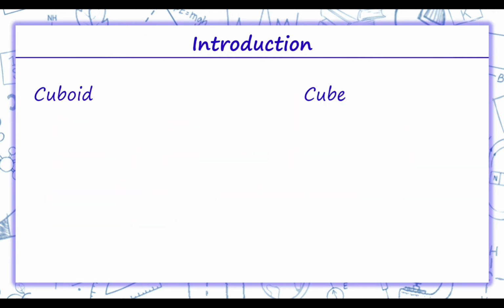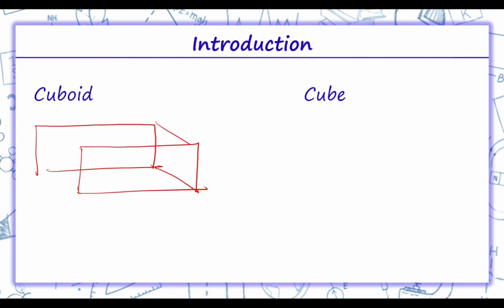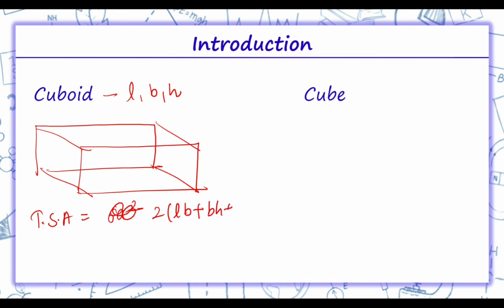So coming on to the introduction part, cuboid is basically a solid figure whose all three sides are of different dimensions. So in cuboid we have length, breadth, height. When we have to find its total surface area, its formula is 2(lb + bh + lh).